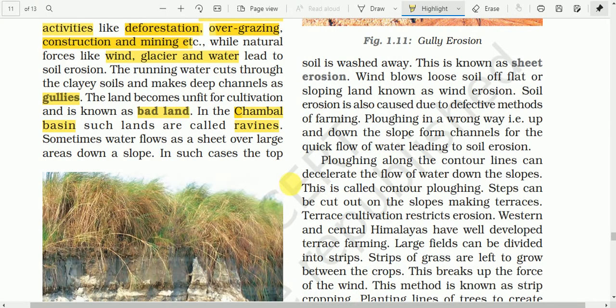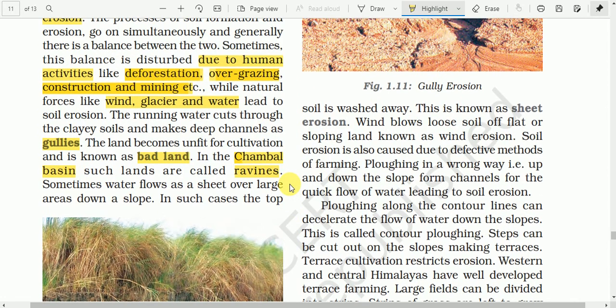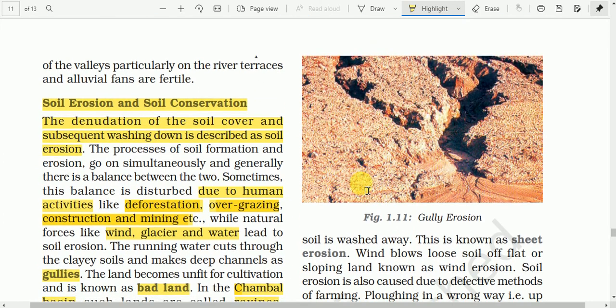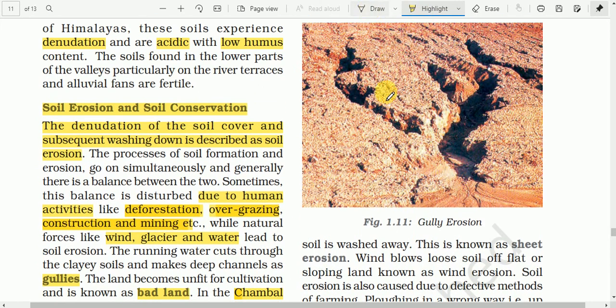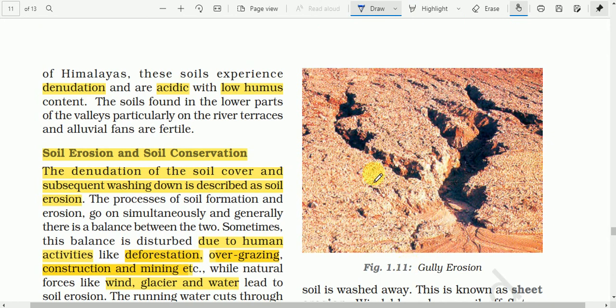One more thing you have to know is that the type of erosion when running water makes channels is known as gully erosion, as you will find here. You can see the making of rills here. One rill is here, then another rill is here, another one is here, and they are joining together.